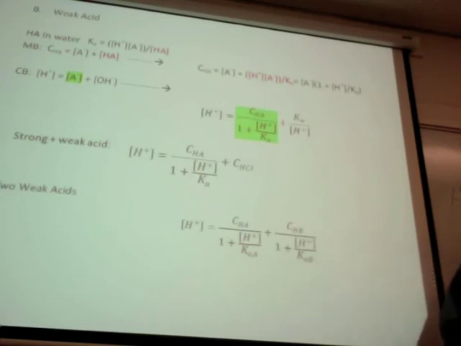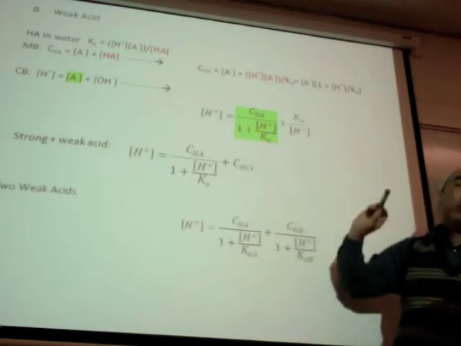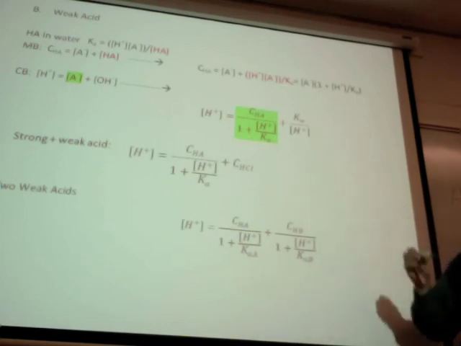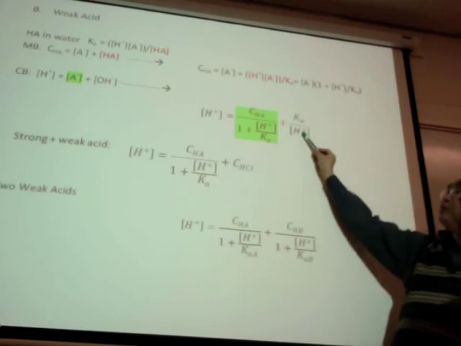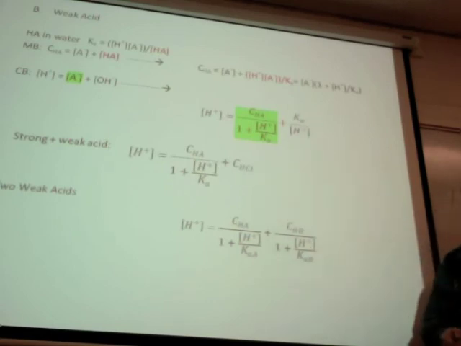Yes, Chris? You don't add the Kw over protons like you did for the first weak acid? Well, this is just 1 weak acid in water. And all these is going to be plus the Kw over H plus, but this contribution will be so much negligible once you get that in. What about on the bottom one? If there are 2 weak acids, would you still include it, or when would you not include it?